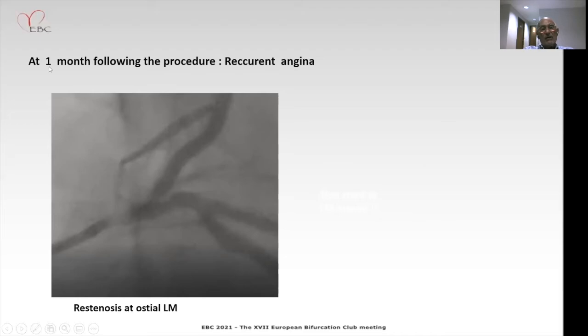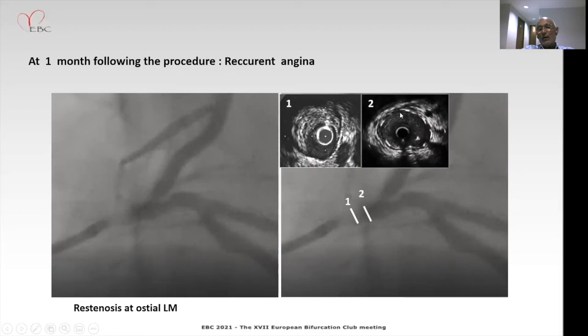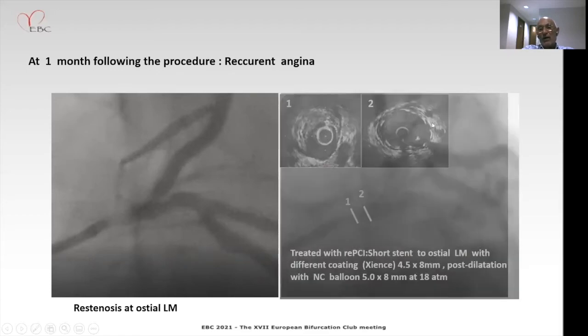At nearly 1 month, the patient came back for recurrent angina, and now angiography showed tight stenosis on ostial left main. IVUS was taken and showed that there was no stent on ostial left main. There was only plaque with tight stenosis, and soon distally to this plaque, the stent was well apposed, well expanded, and not before.